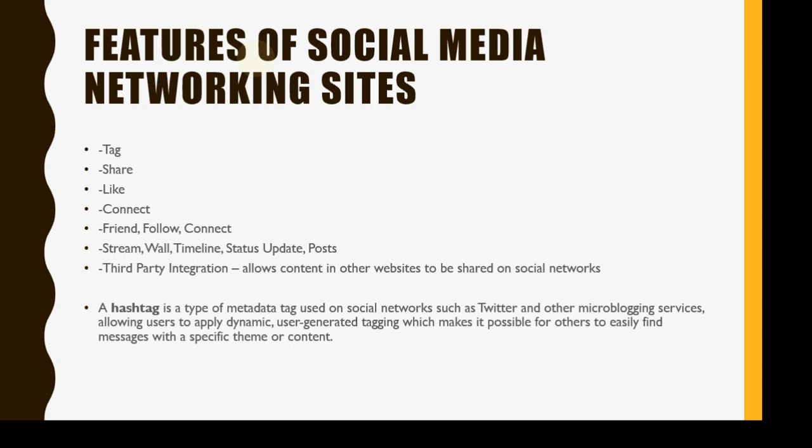We can have polls. We can create a poll and see the feedback of people. We can connect with other groups, other pages, and other communities. Communities can connect with other communities, which is a great feature.